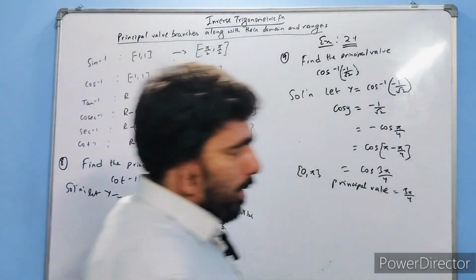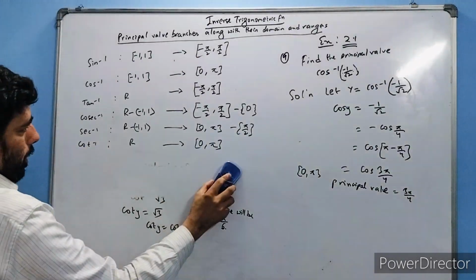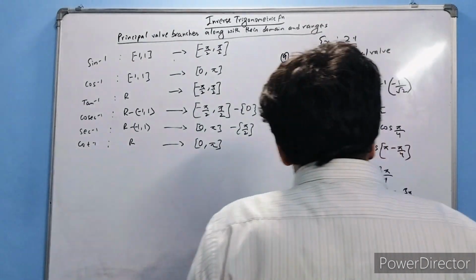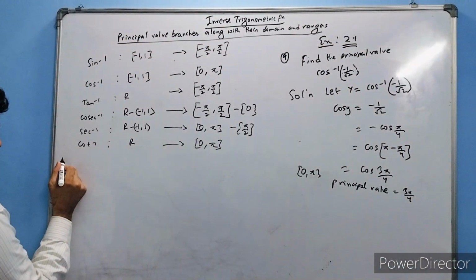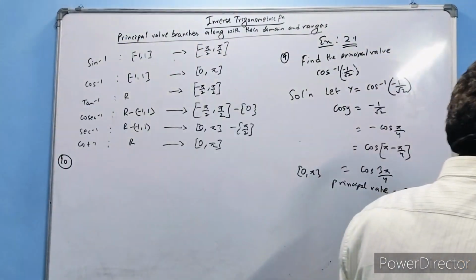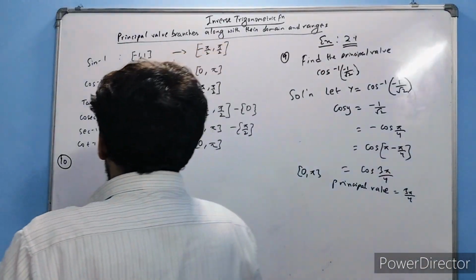Let us try to solve the 10th question now. We have the 10th question in my hand, that is: find the principal value of cosec inverse minus root 2.